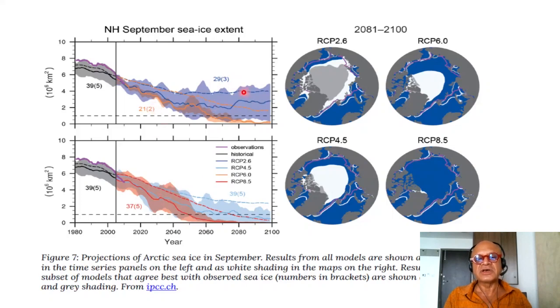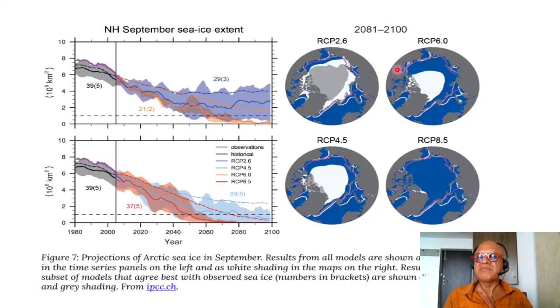So you are seeing the best case scenarios of RCP 2.6 and 6.5 here, and 4.5 and 8.5 here. So dashed lines are all models, and the orange solid lines in all the scenarios are the ones that best agreed with the historical reconstructions.